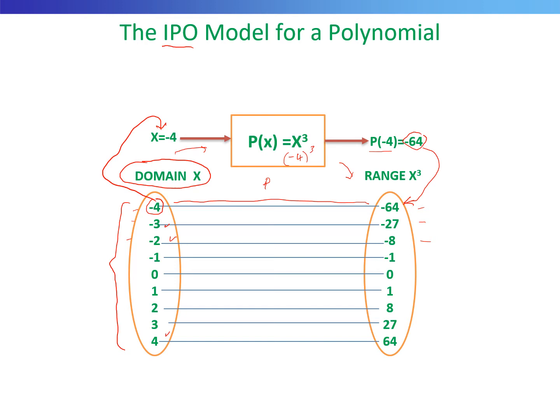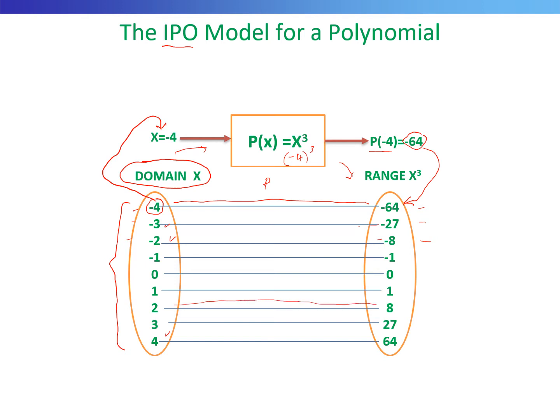For negative 3, the process produces negative 27. For negative 2, negative 8, and so on. For positive 2, the process produced 8.